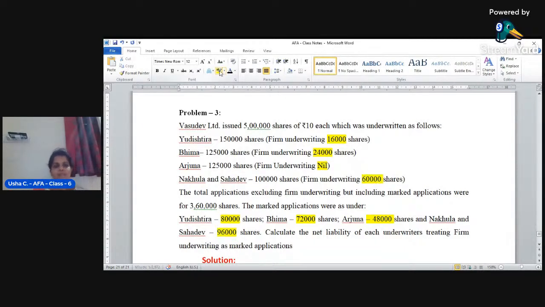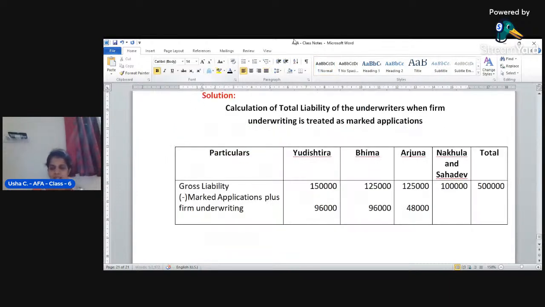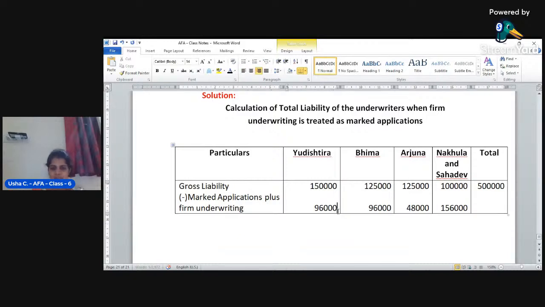How much is it? 1,56,000. If you take the total, you should get 3,96,000, correct? 2,96,000 of marked application and 1 lakh of firm underwriting. Totally 3,96,000. Is it correct?